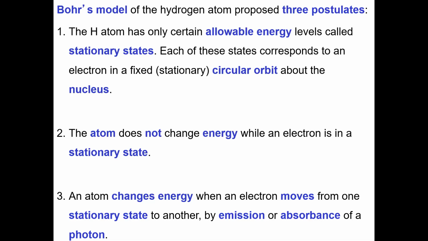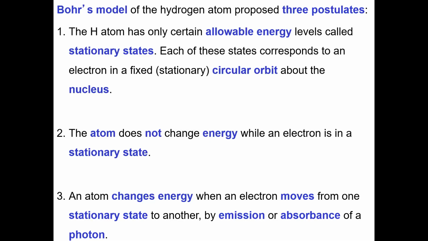Bohr called these stationary states because when the atom was in one of these states, it didn't change any energy. It was stable. And what these states corresponded to was an electron in a fixed or stationary circular orbit about the nucleus. As I mentioned previously, the atom does not change energy while an electron is in a stationary state.